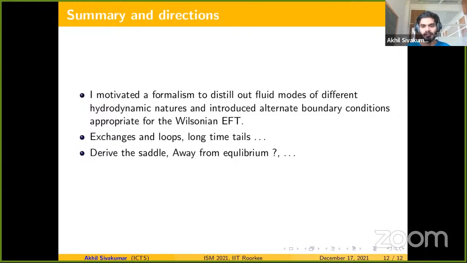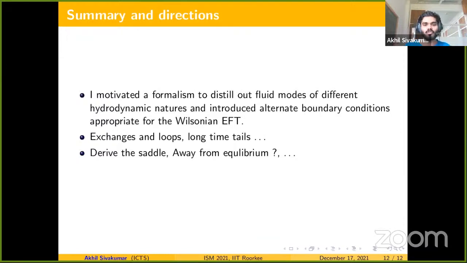Then you might want to go further and derive the saddle, because as I said, it's a prescription. You might want to understand why the structure of black hole geometries is true, as in, you continue to think of them as analytically continued in the radial coordinate, and then it seems to give you the right Schwinger-Keldysh coordinates.